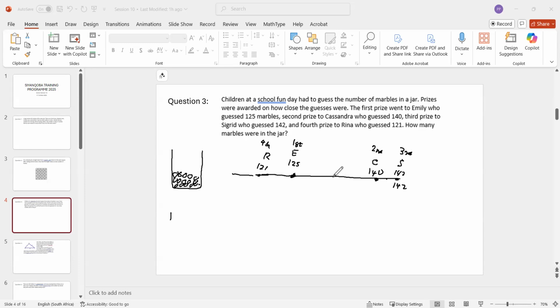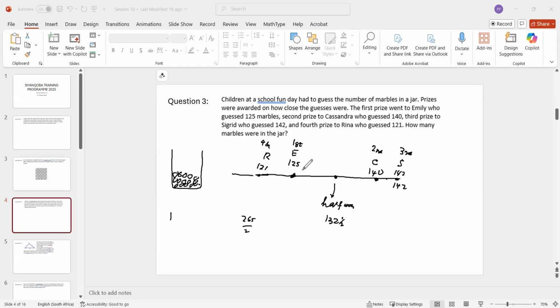Now, what do you mean by closer? You have to take the halfway number between 125 and 140. That's the average of the two. So halfway between the two is 265 divided by 2. So it's 132 and a half.